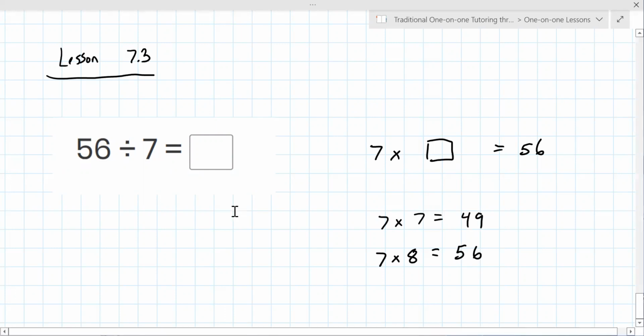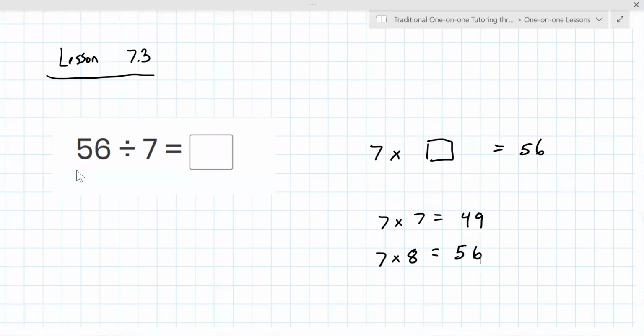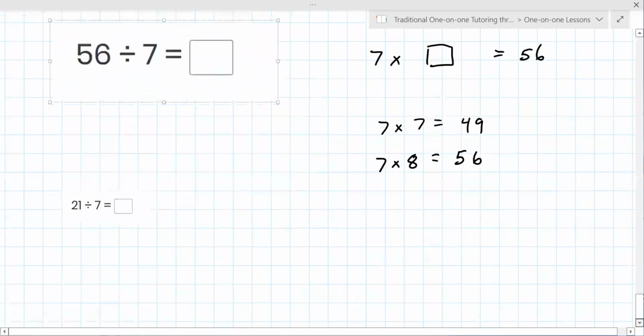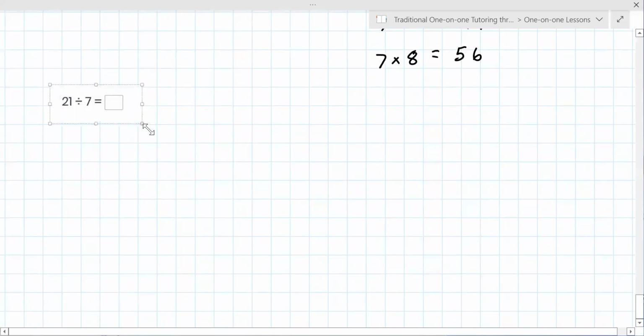So let me grab the next one here. How about 21 divided by 7?